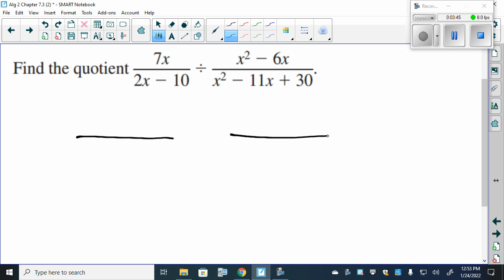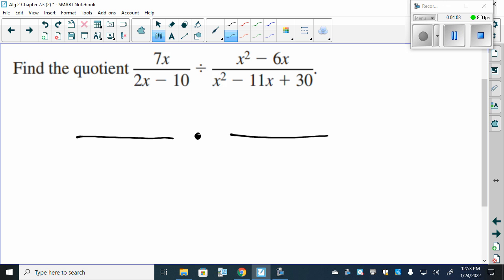So this will make a little more sense, and we'll see that this really is going to be almost exactly what we did Friday, except for one main step. Now, whenever I look at these division problems, the first thing I'm going to do is change it from division to multiplication and flip the second.